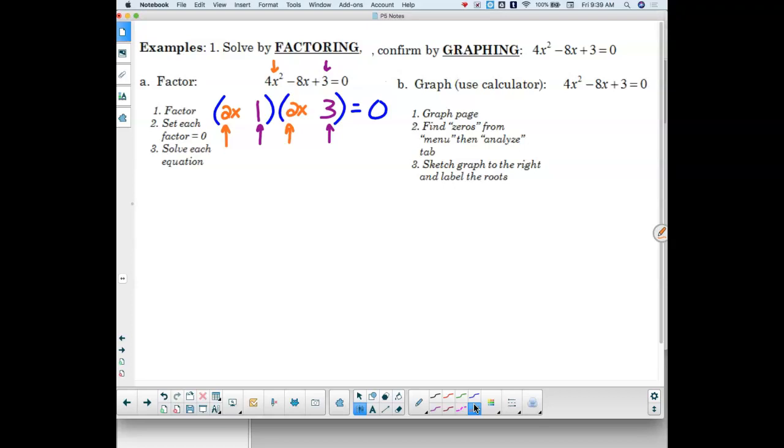And 1 times 3, the two purples, is 3. So this would all work out as long as I go minus and minus, because then I get my negative 8x and I get my positive 3. So we factored it. Yahoo for school. Next, we're going to set each of those factors equal to 0.